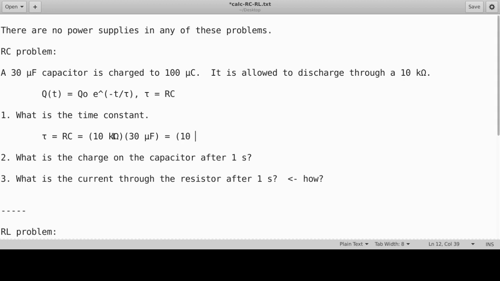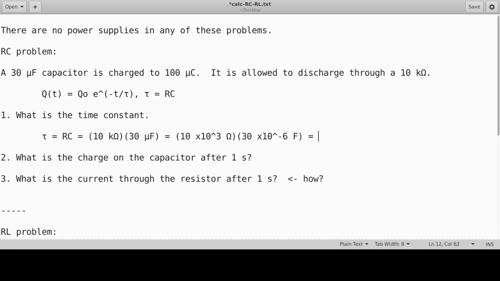The K, so ohms is the MKS unit. So K, we have to turn that into an exponent, a power of 10. So K is 1,000, and that's in ohms. All right, and then micro. So what's a micro? Micro is a millionth, 10 to the minus 6, like that, and that's farads, like this.